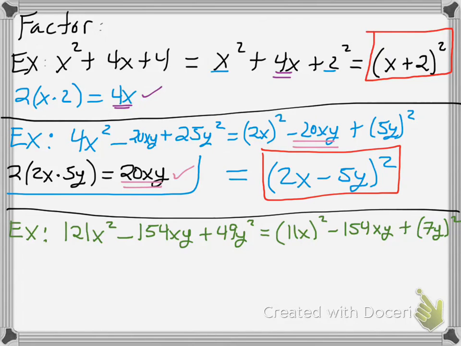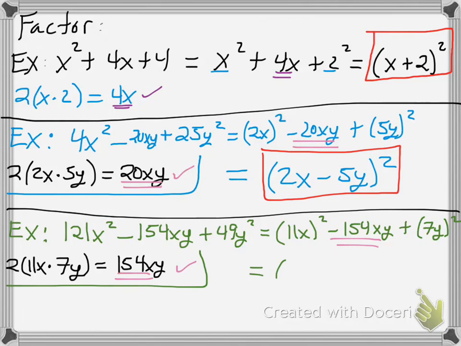We should be suspicious that it is a perfect square trinomial. So we're going to take twice 11x times 7y. If that matches 154, which in fact it does, if you don't believe me, you can punch it into your calculator. Just don't punch too hard, and you will get 154. So it says it's a perfect square trinomial, and we factor into 11x, I'm sorry, not plus, minus 7y quantity squared.